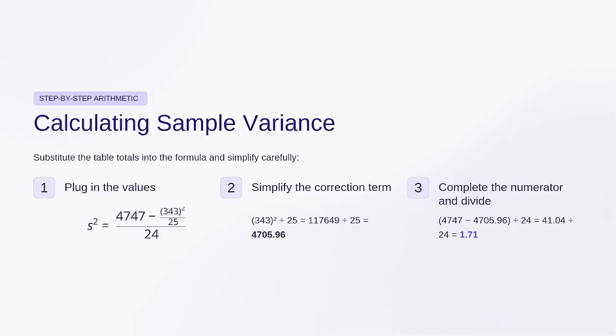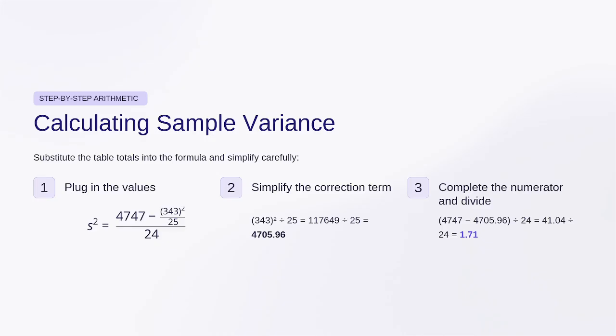Now let us substitute the numbers. Sum of x square f equals 4747 and sum of xf equals 343. N equals 25. First calculate 343 squared. That's 117,649. Now divide this by 25.